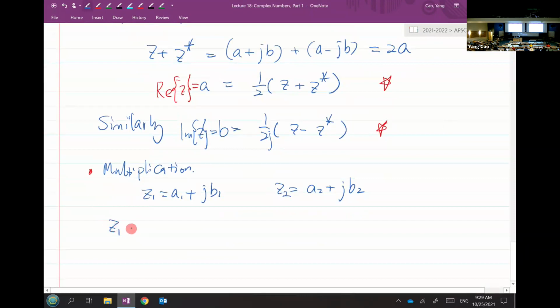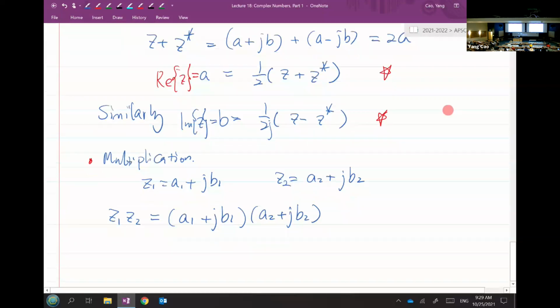But you still need to do a lot of multiplications for sure. So let's say we're going to multiply these two together. The first step, you write a bracket times a bracket, each bracket containing the two parts of a complex number.